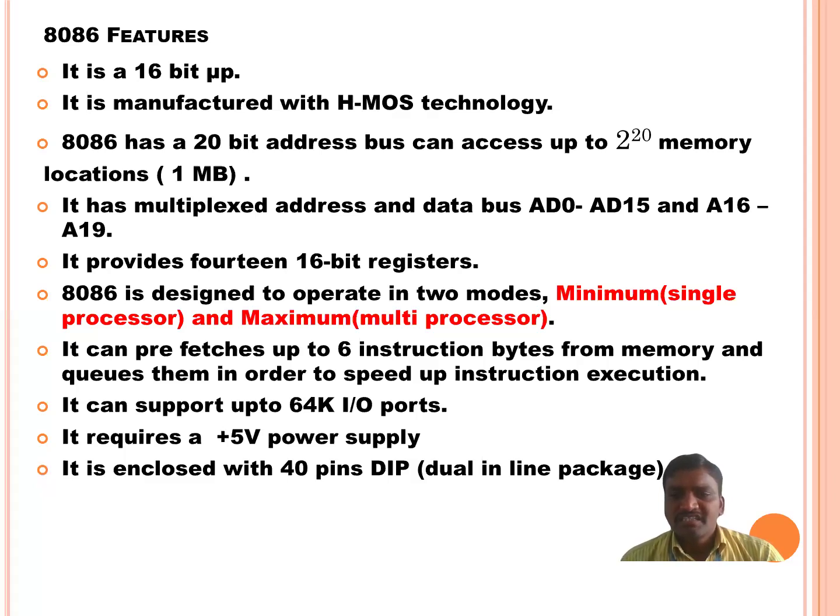The design technology is also used in the design of the 8086. It requires a plus 5 volts power supply to power on this microprocessor. It is a 40-pin chip in a dual in-line package. These are the features of the 8086 microprocessor.